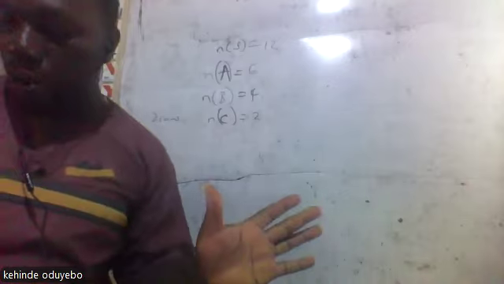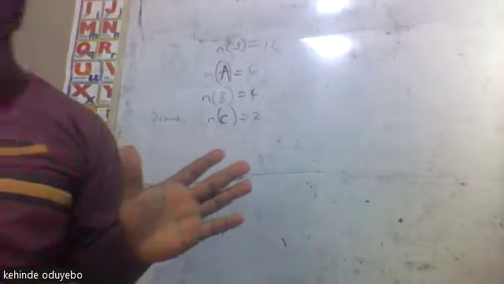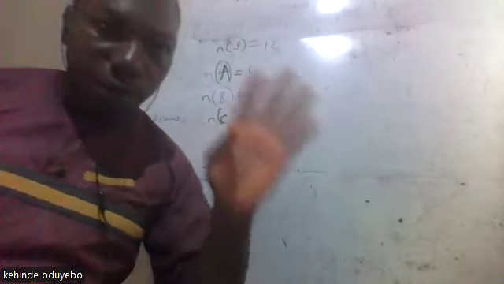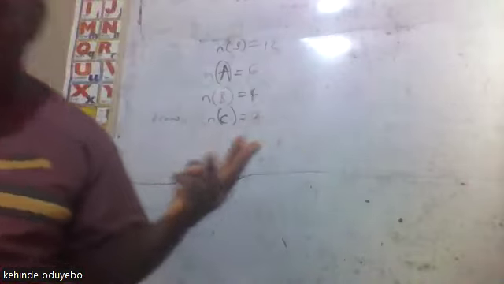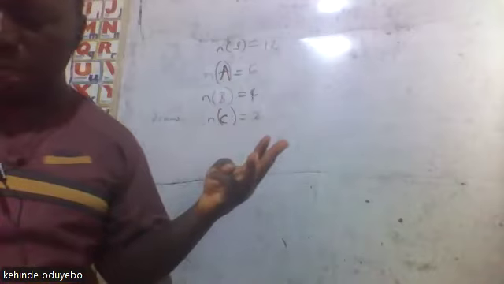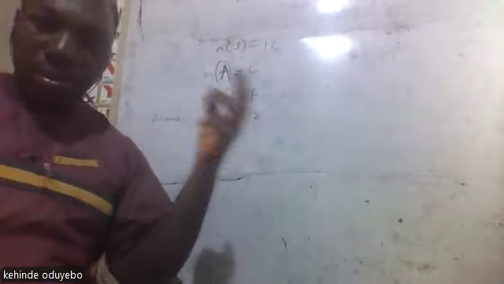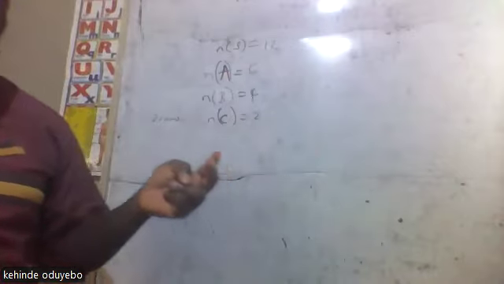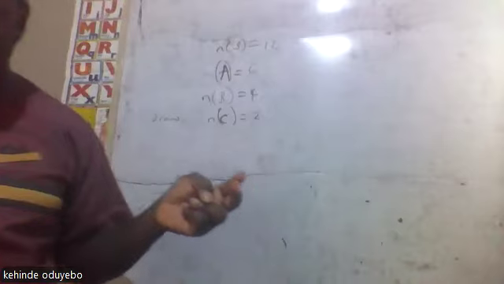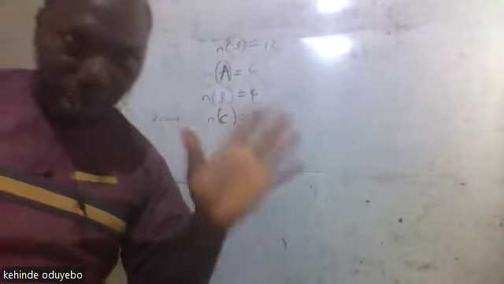They agreed to play a match consisting of 3 games. So find the probability that A wins all the 3 games. That means A won the first game, A won the second game, and A won the last game. Are we together?